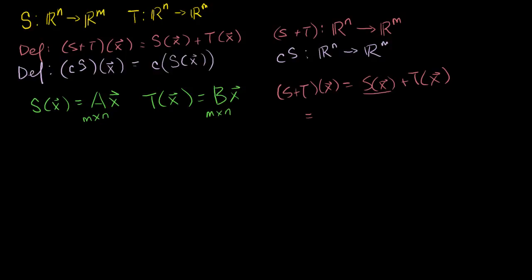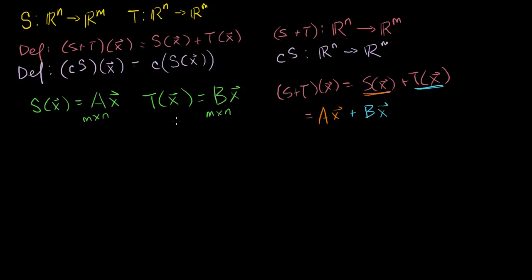The transformation S of x is equal to Ax. And then the transformation T of x is equal to the matrix B times x.